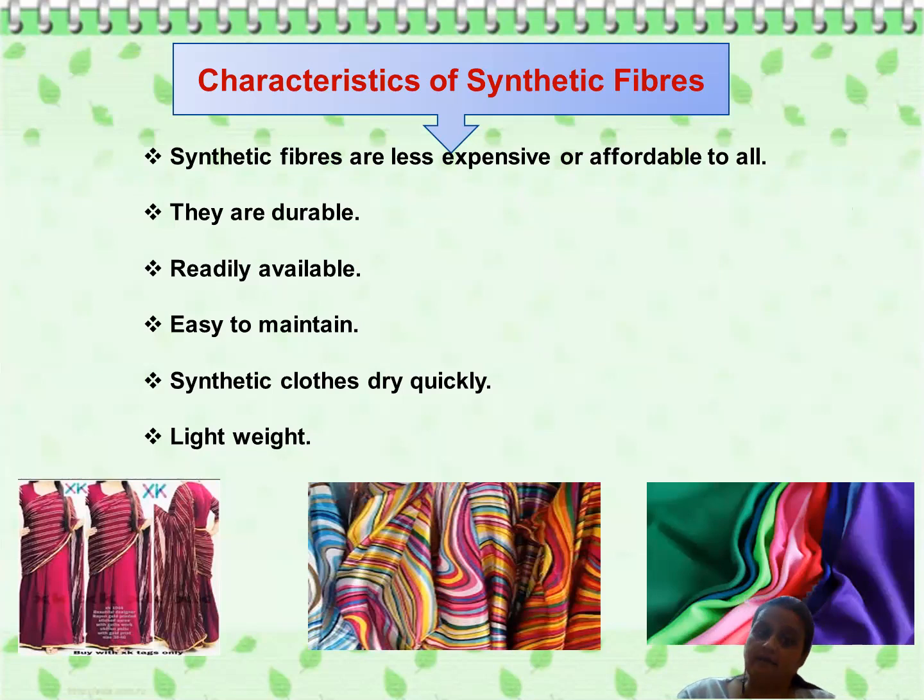Durable, they can last for a longer period. Readily available, you can easily get them from the market. You do not need to search for something, they are easily available. Easy to maintain, easy to wash, easy to use. They dry quickly compared to natural fibers, and they are light in weight also. But at the same time, they have some disadvantages also.